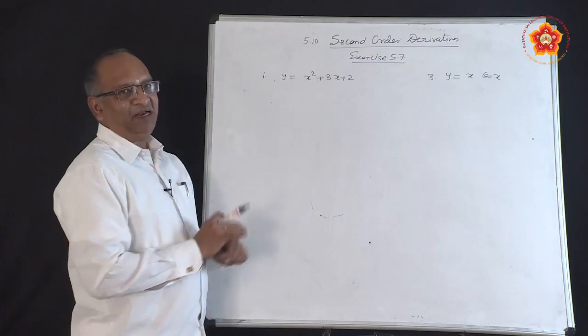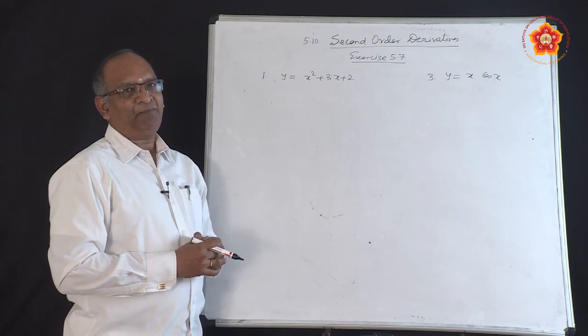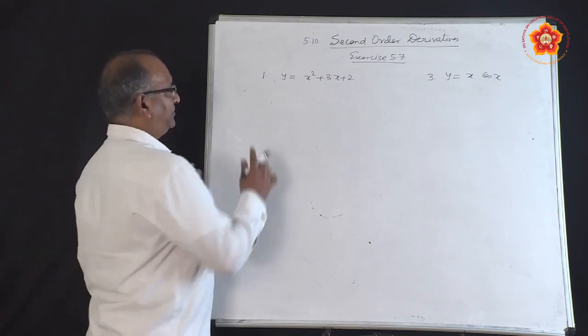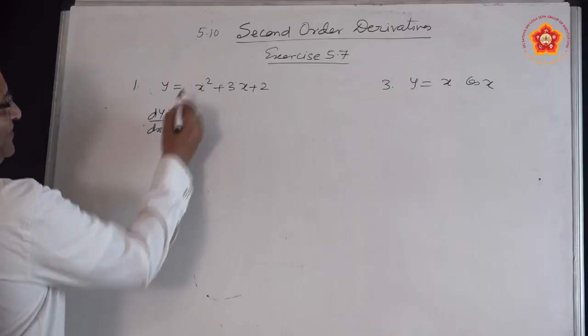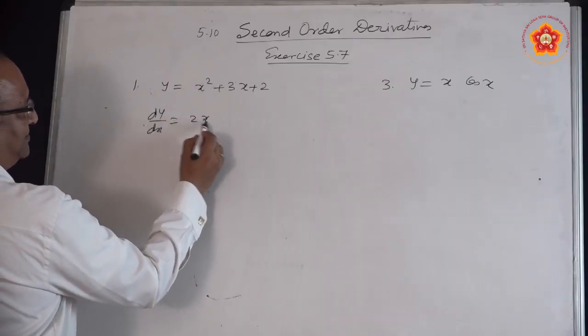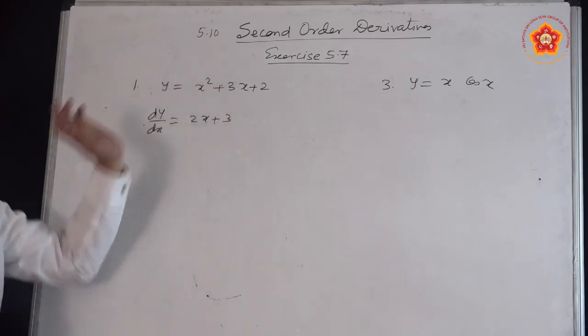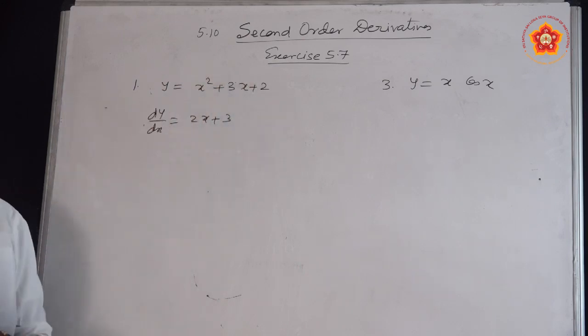It is a polynomial function, and by now you would have solved enough problems and you can directly tell what the first derivative dy by dx is. The first derivative is 2x plus 3. Derivative of x square is 2x, derivative of 3x is 3, derivative of a constant is 0.